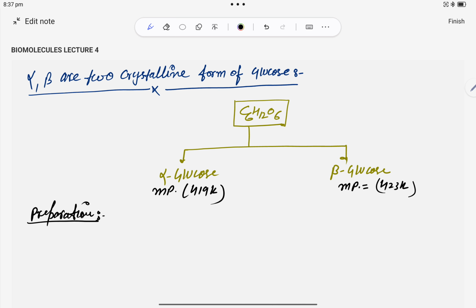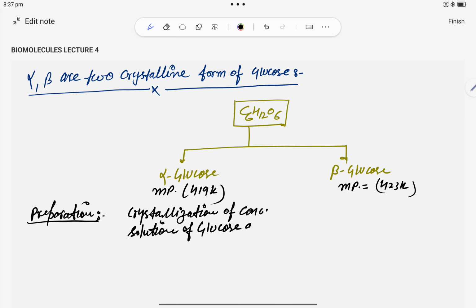crystallization of a concentrated solution of glucose at 303 Kelvin temperature, or you can say 30 degrees Celsius.